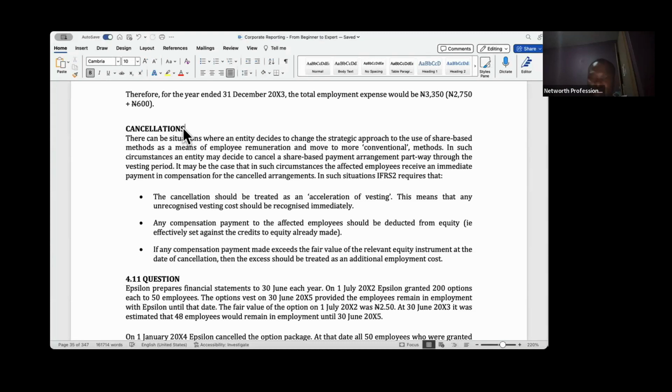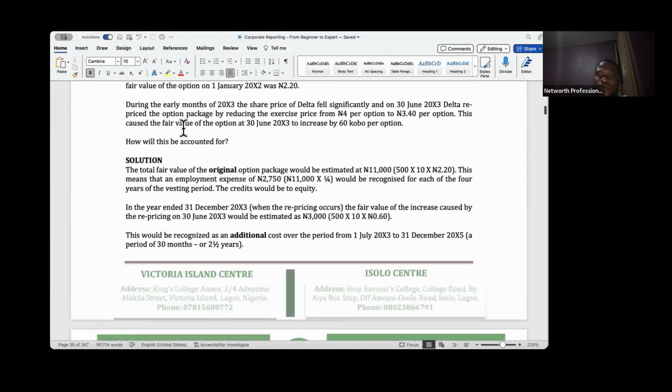Instead of promising that I will give you shares, why not let me just give you money so that whoever wants to leave can leave. Whatever the cause of the cancellation, the point here is that the entity says it's not continuing. And logically, let me use this as a scenario.